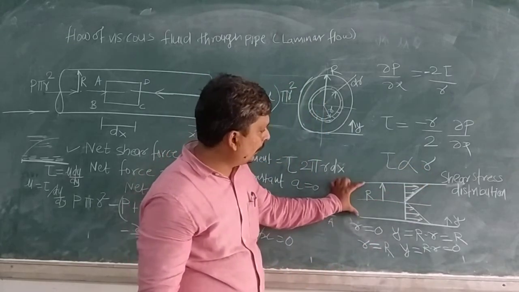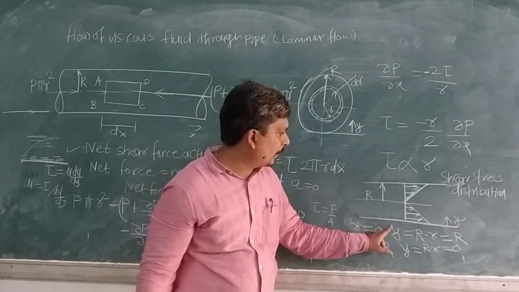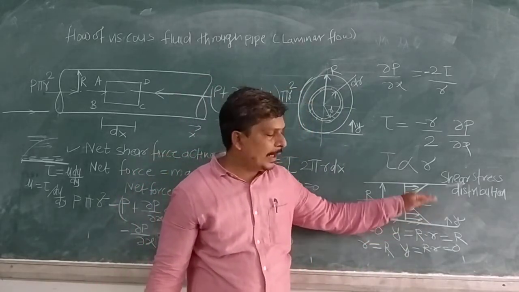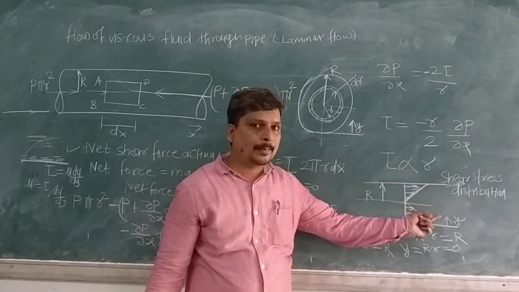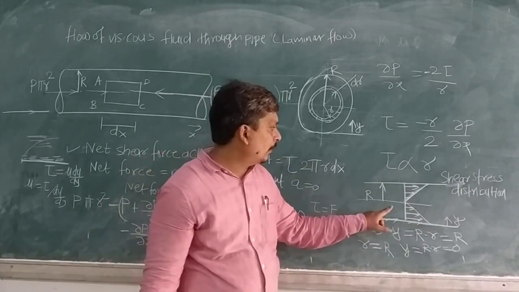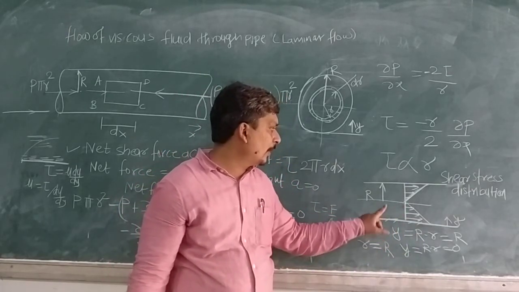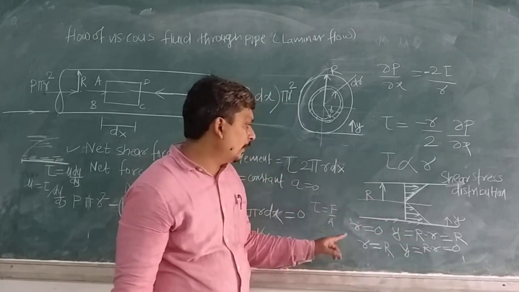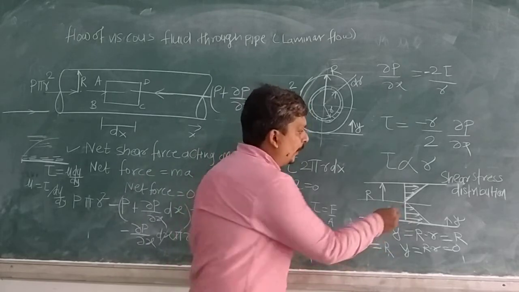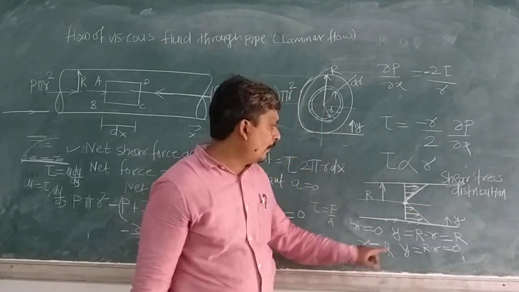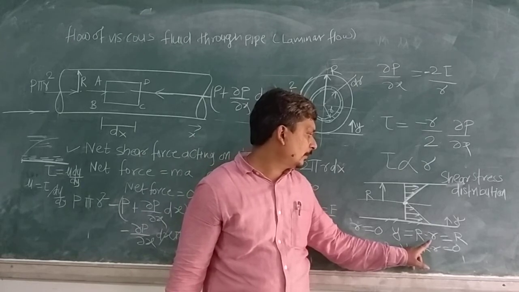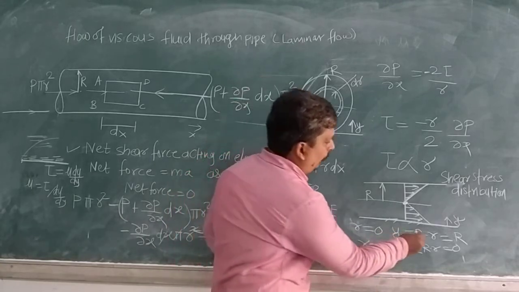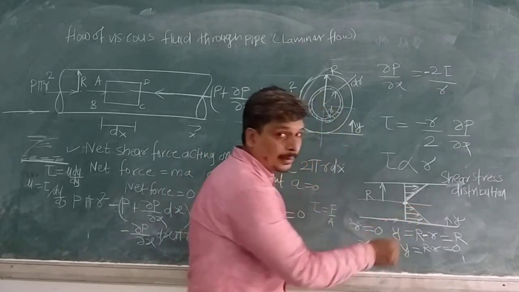So if you consider this is the pipe wall, the wall of the pipe which is stationary. At the pipe, if you take the y distance from the wall of the pipe, at the center, y we take as capital R minus small r variable. So if r is equal to 0, which means here r is equal to 0, y becomes capital R. So y equals capital R minus variable small r.